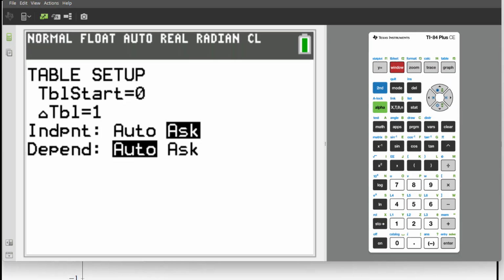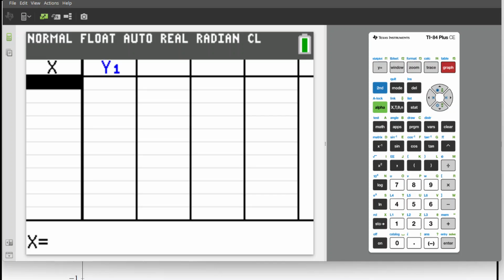So the independent should be on ask, the dependent should be on auto. Now, what that is doing is basically preparing the calculator to accept some random numbers from us, and in return is going to give us the y coordinates. So let's click second and graph, not just graph, second and graph, and that will give us a table, and that's what we are interested in seeing.